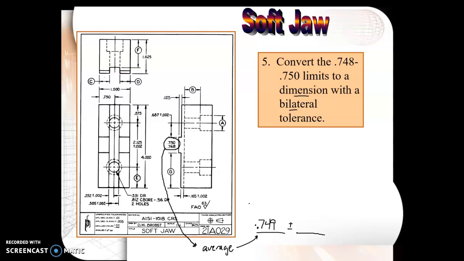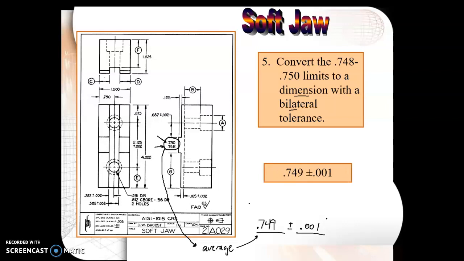0.749, and then the tolerance amount would be, if we take the difference between these two, 0.750 minus 0.748 is 0.002, and then divide that amount in two, we would get 0.001. So 0.749 plus 0.001 gives us the 0.750, and 0.749 minus 0.001 gives us 0.748.